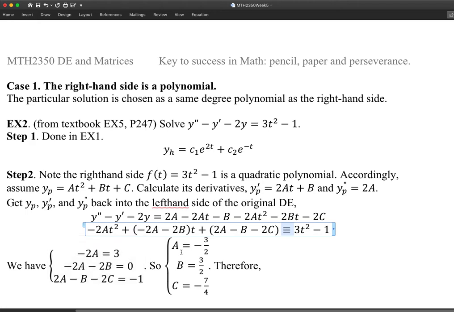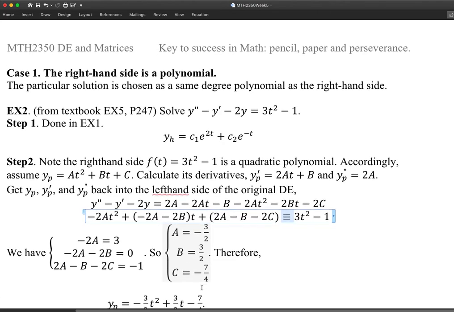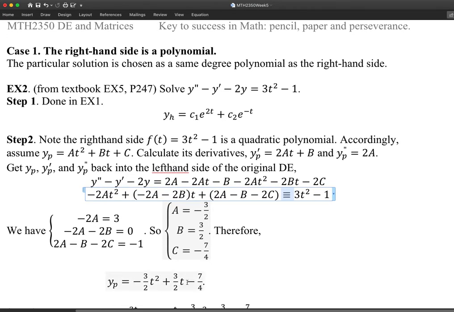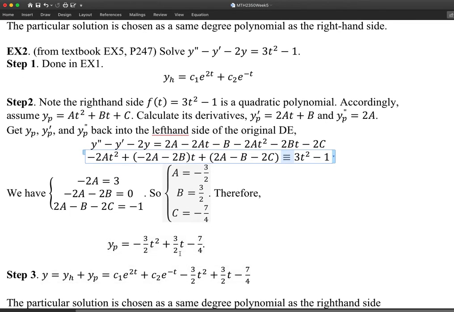And so A, this is what I got from the first equation, negative 3/2. And then you can solve for B from the second equation, B is 3/2. And then finally you put A and B into the third equation. I'm getting C as negative 7/4. Negative 7/4. So what I'm saying here is the particular solution.